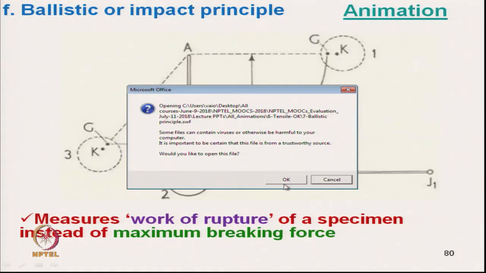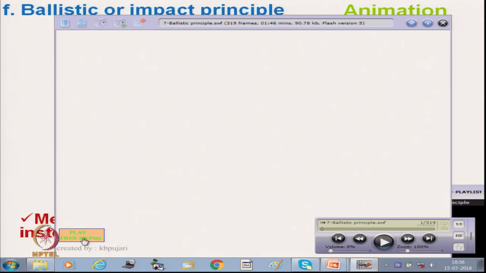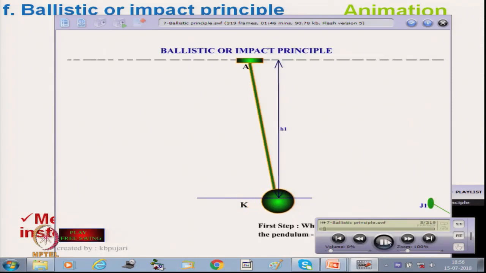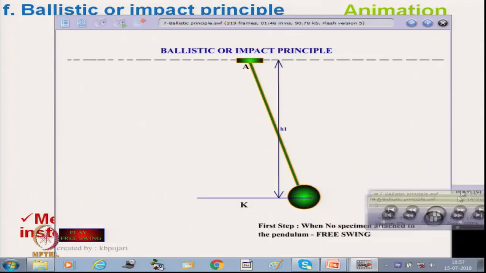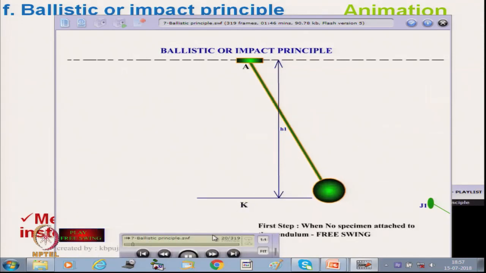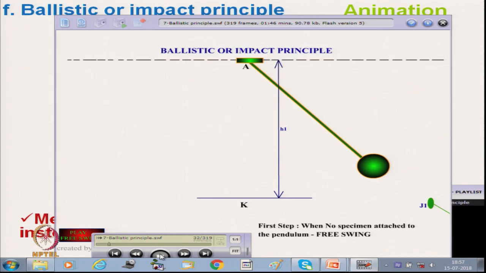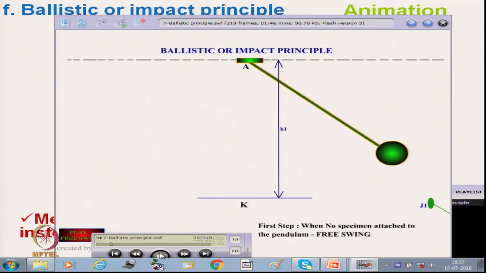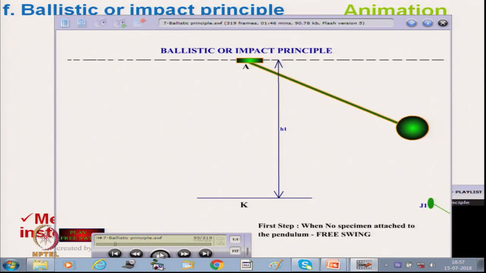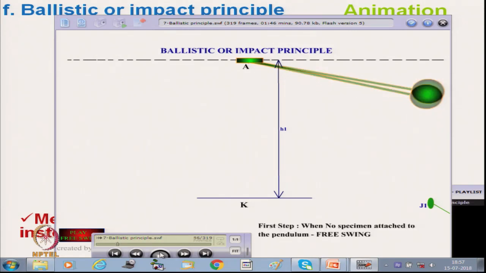Now, you can see the animation here. In the first step, there is no material, we are testing without material.